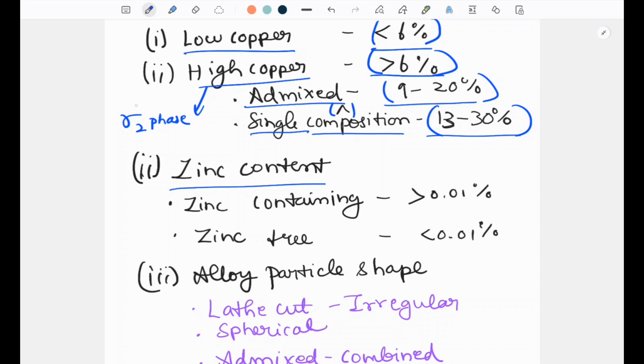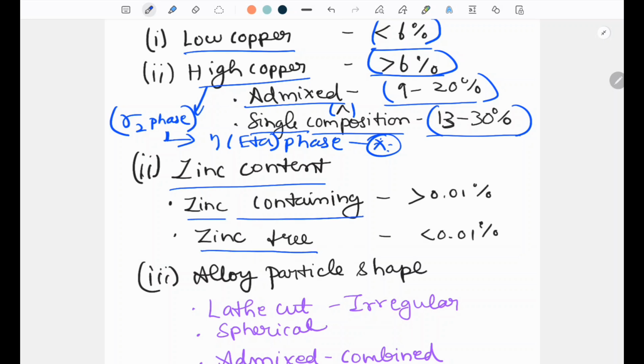In high copper alloy, gamma 2 phase is formed, and then this is replaced by the eta phase. These phases of amalgam are very important, and I will explain them in detail separately. Then zinc content: based on zinc content, they have classified as zinc containing and zinc free. Zinc containing is greater than 0.01 percentage, whereas zinc free is lesser than 0.01 percentage.